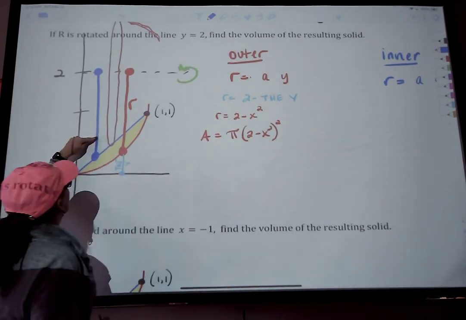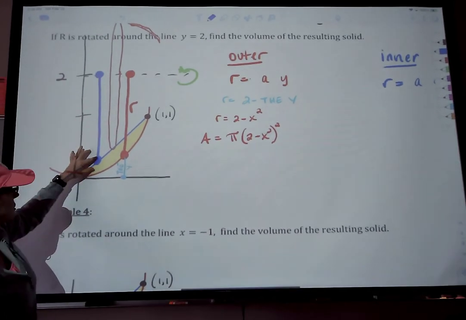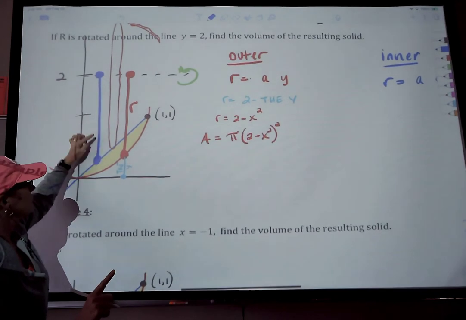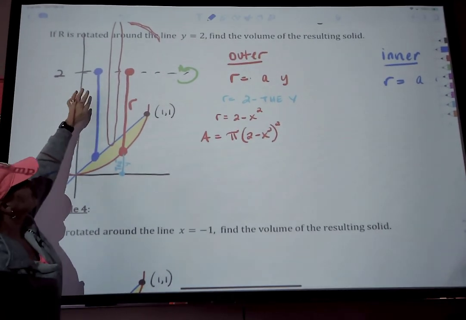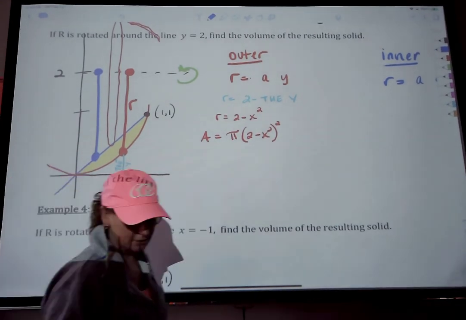And it's going to be the same concept as the red radius. So the blue goes from the center of my revolution all the way to the function. This is the y. I don't want this part. I want this part. So I've got to take the whole distance, which is 2, and I've got to get rid of the y.